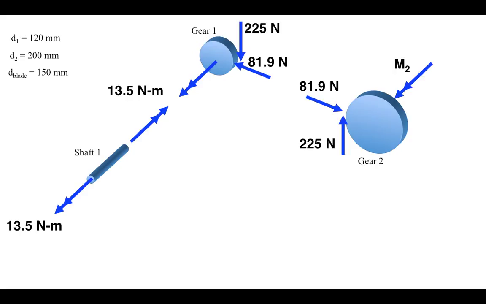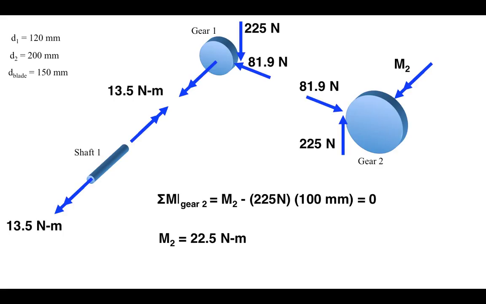We show now just gear 2. It has the gear teeth forces on it, and it has the torque due to shaft 2. We show that as M2. Well, this must be in equilibrium, and so if we sum moments about gear 2, we can determine the torque M2 in shaft 2.